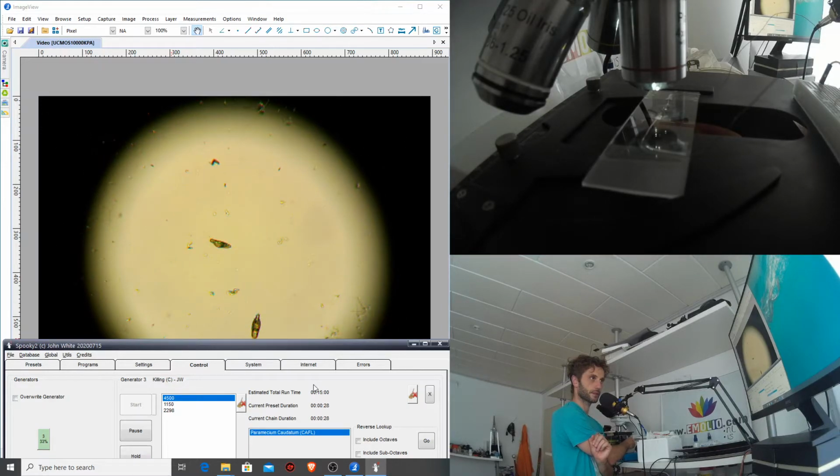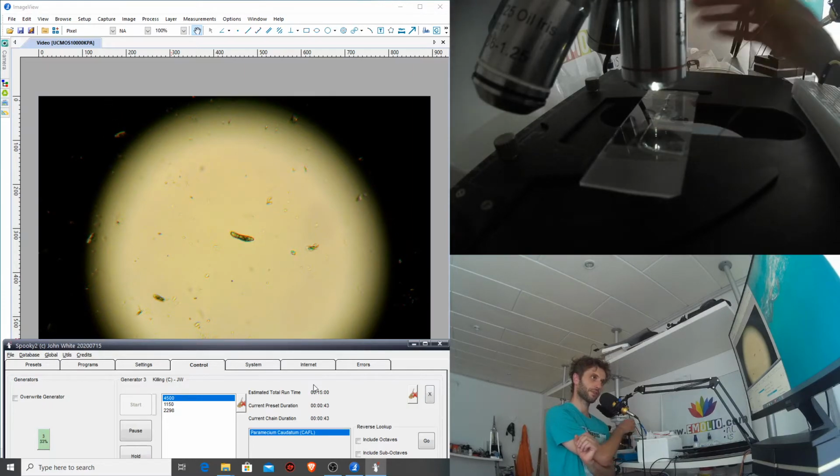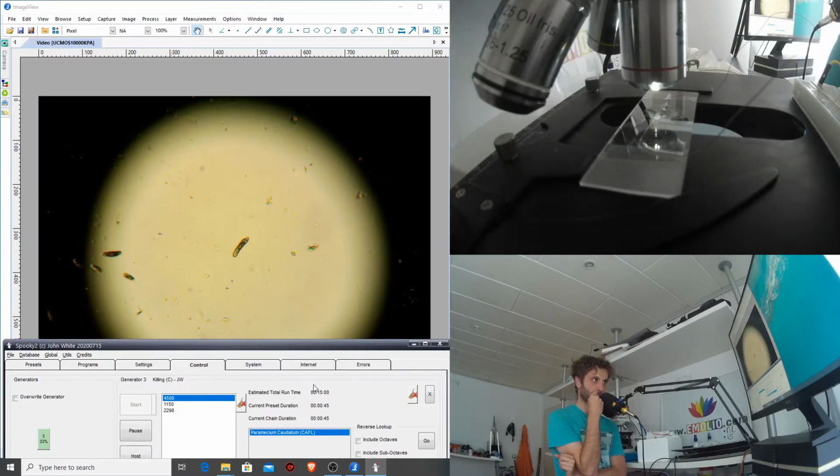Alright, so we can see again this pattern of swimming. It's going up and down, like a beat of 4500 hertz.